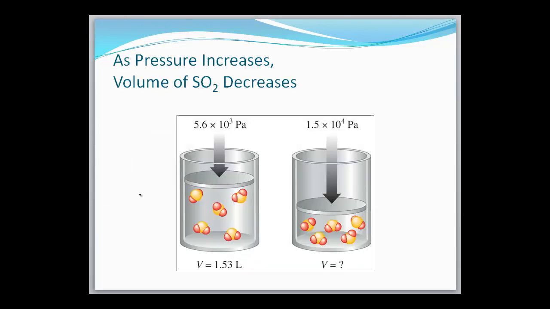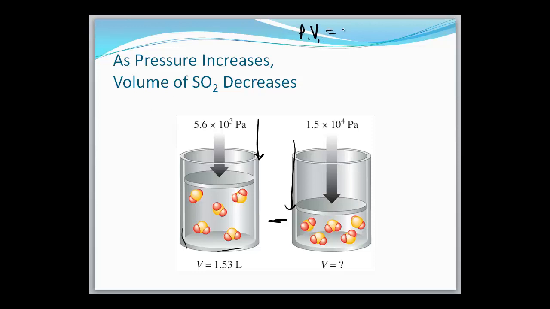I do want to emphasize though, when we're talking about pressure, as you can see, we're talking about the outside pressure on a system. So here we have a piston or a cylinder with the outside pressure pushing down. If you increase that pressure, you're going to decrease the volume, as you can see. So if we were going to do this problem here, we would use our formula.